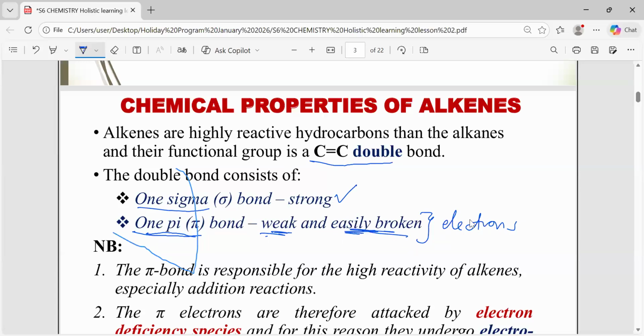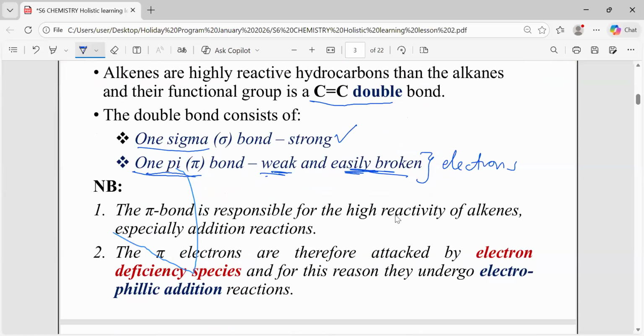So these pi electrons are the ones responsible for the high reactivity. That's why in the NB, we are saying that the pi bond is responsible for the high reactivity of alkenes, especially the addition reactions.